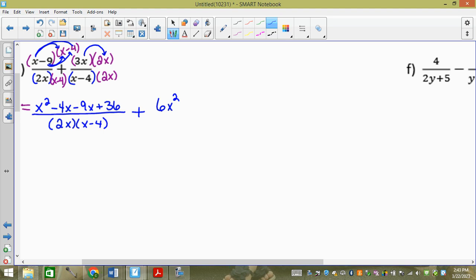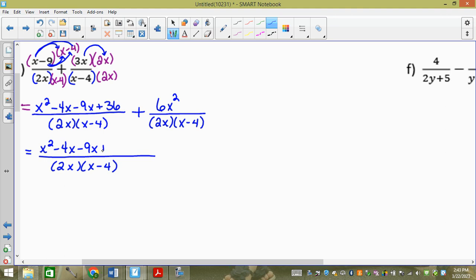So here we have 2x and x minus 4. Now we have like denominators, so we can write it as 2x times x minus 4. And then we get x squared minus 4x minus 9x plus 36 plus 6x squared.